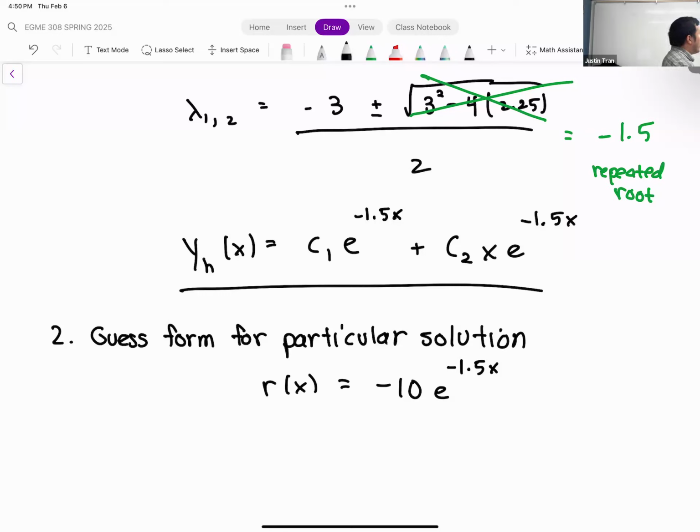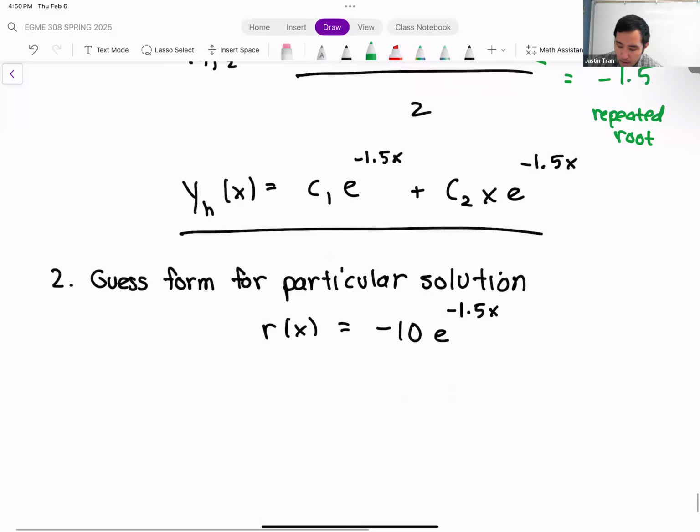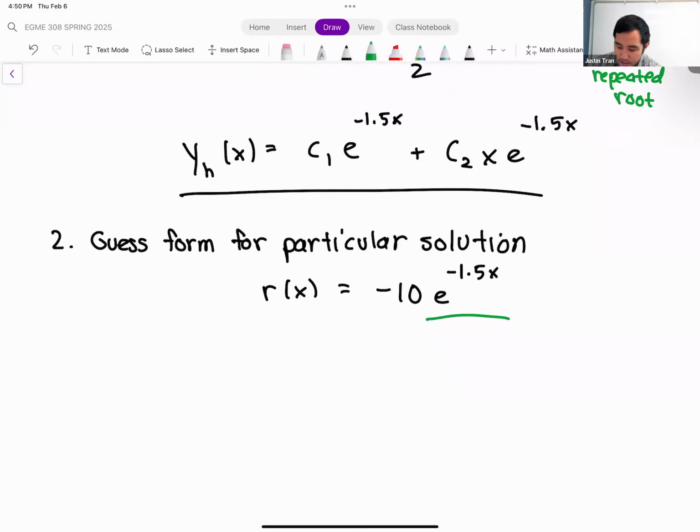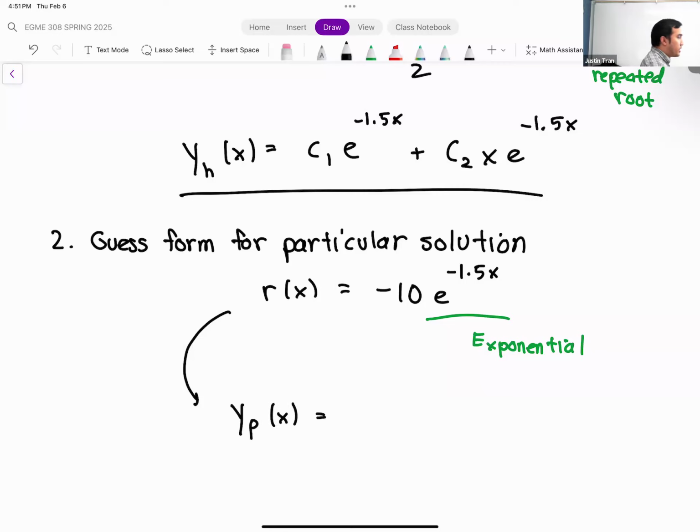I just repeated it here for convenience. We can see from this that our non-homogeneous term is an exponential function. So that means our guess for y p must also be an exponential function with the same exponent, right? So we're going to guess k e to the minus 1.5x.